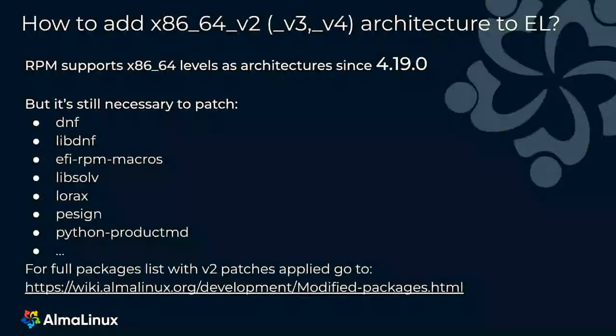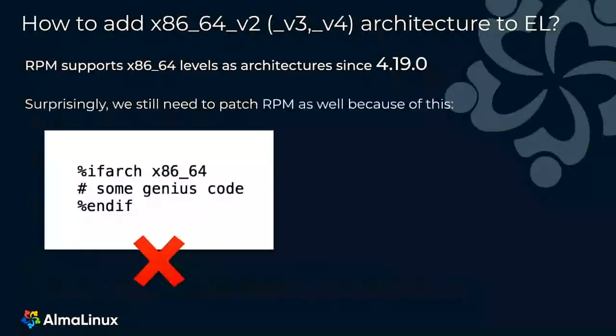And what a surprise, even though RPM supports these levels, we still need to patch RPM because of this. This is a very popular construction, and it's false on v2 because it's not exactly v2. I think hundreds of packages use these conditions, obviously.